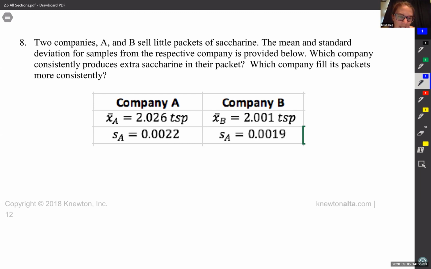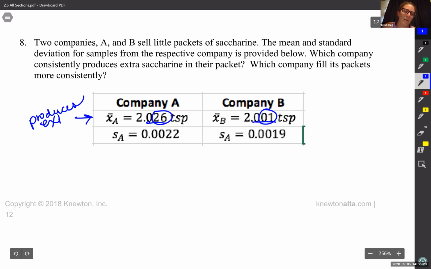So looking at how much they make on average, this 2.026 compared to that 2.01, this one produces the extra. Because on average, they're over 2 tablespoons by that 0.026, whereas company B is a lot closer to 2.